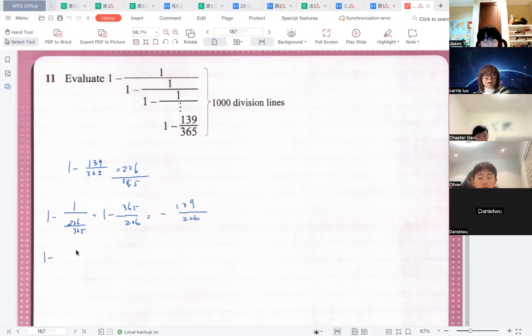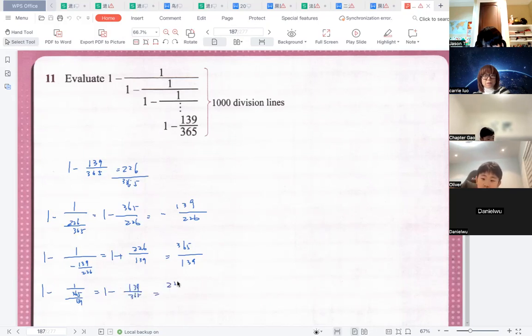And this one, 1 minus 1 over negative 139 over 226 equals 1 plus 226 over 139 equals 365 over 139. Right, 1 minus 1 over 365 over 139 again equals 1 minus 139 over 365 equals 226 over 365.